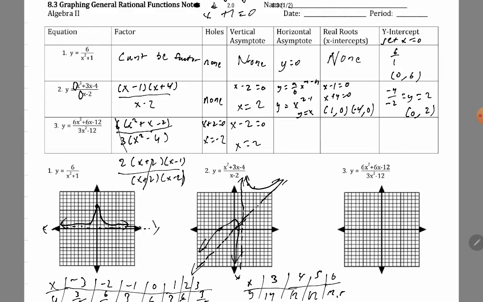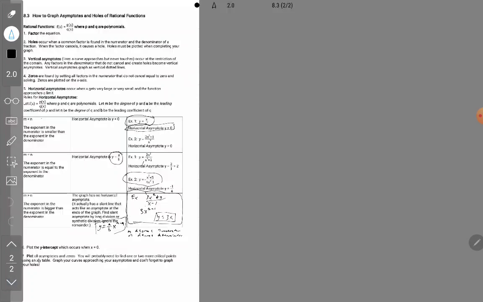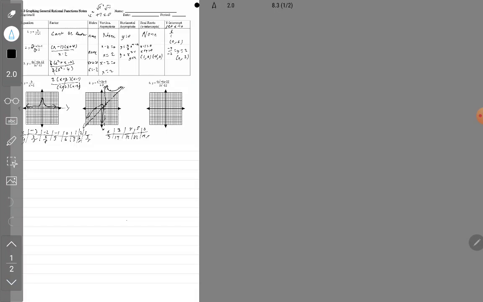Horizontal asymptotes, they are of the same degree, so it is just, what was that again? If they are the same degree, then the horizontal asymptote is at y equals a over b. Okay.